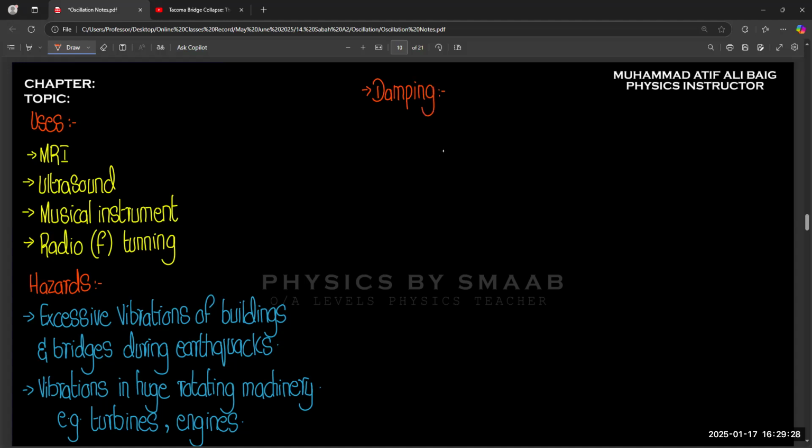Okay, right now we were talking about the example of the hazards, shock absorbers. So we use shock absorbers to decrease the amplitude of the vibration, right? So we feel less vibration. For example, if we take the example of a car or any vehicle, in all vehicles there are very solid springs installed, which are also called shock absorbers.